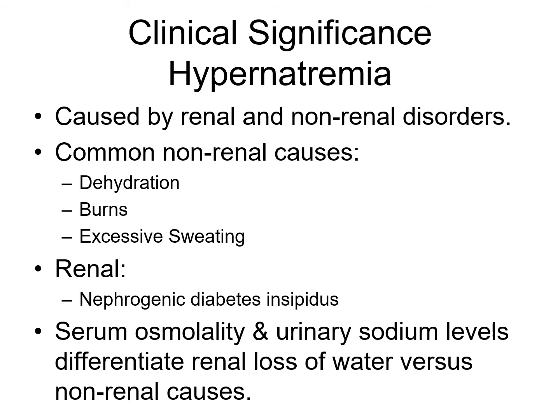The non-renal disorders may be dehydration, the loss of water and electrolytes through dehydration, burns, as I told you, when the skin is damaged, it's very easy for the water to be evaporated, and excessive sweating. The renal causes, on the other hand, can be nephrogenic diabetes insipidus.